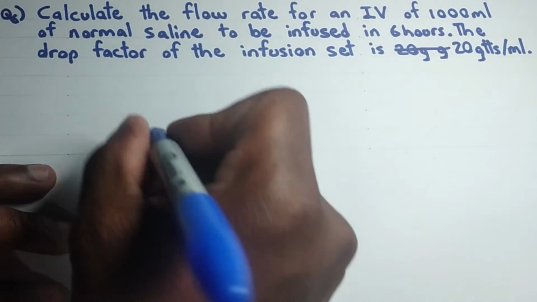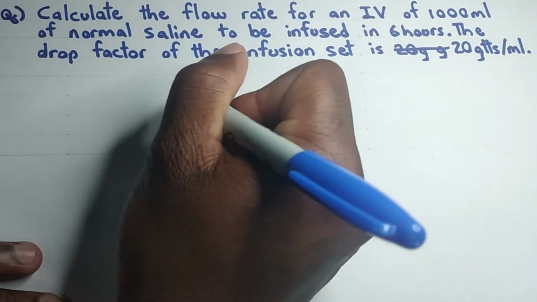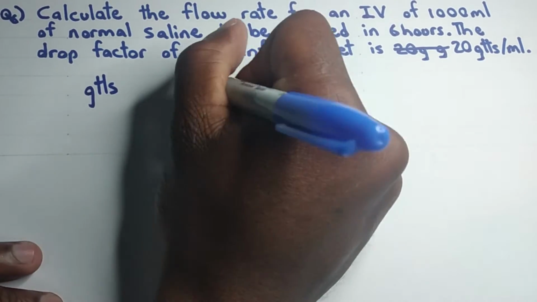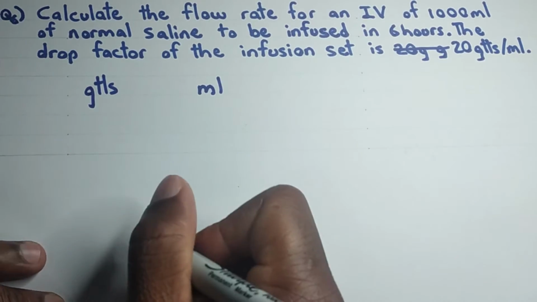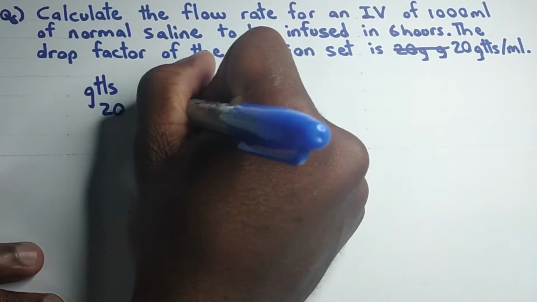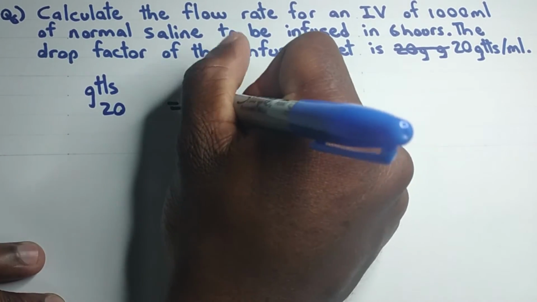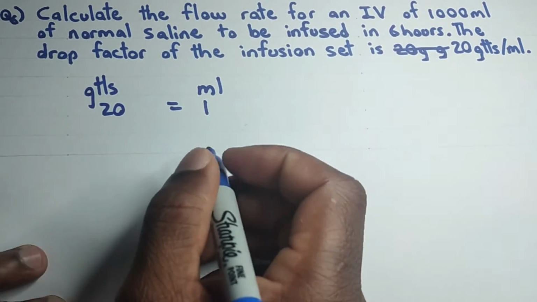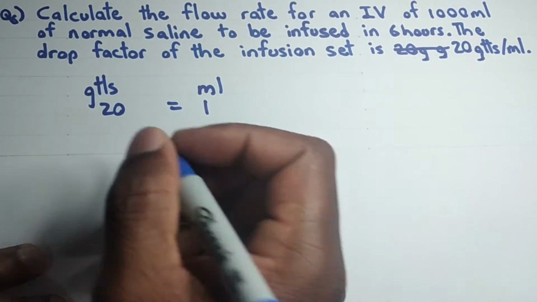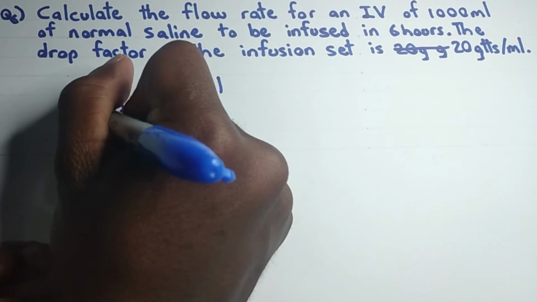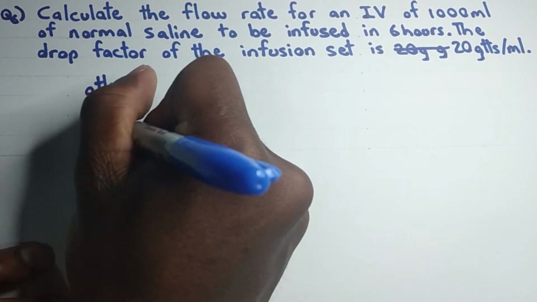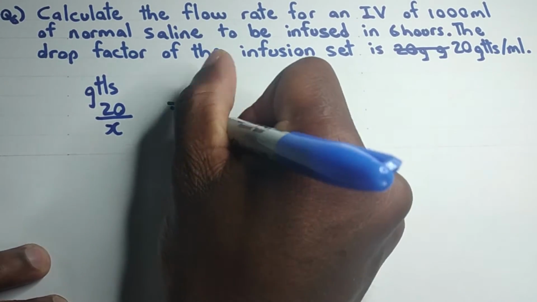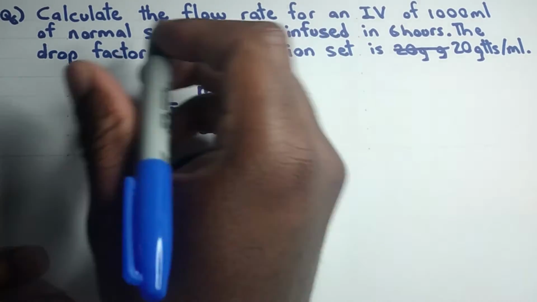Now what we want to do is to use proportion to obtain that. So we're going to come to a proportion with drops and milliliters. We know that we can get 20 drops per milliliter, which is the same thing as 20 drops from 1 milliliter of normal saline. Now, we want to obtain how many drops, which we don't know as yet, so use X to represent that, we can obtain from 1000 milliliters of normal saline.